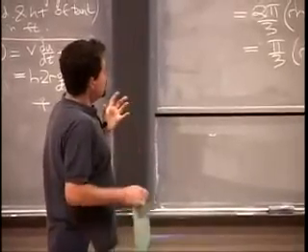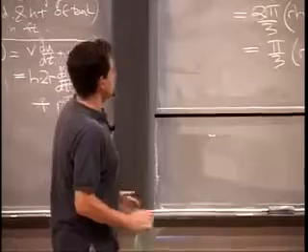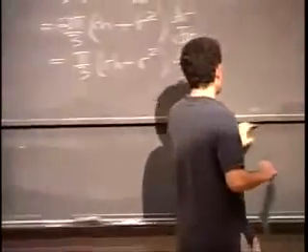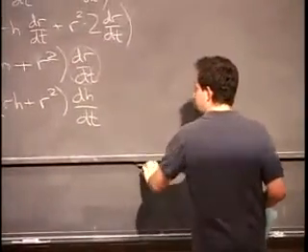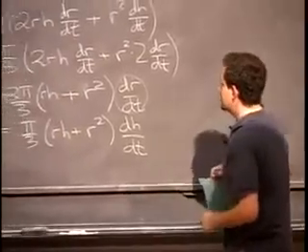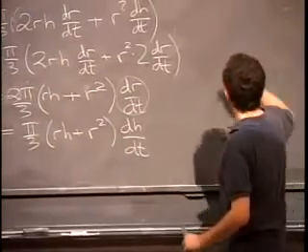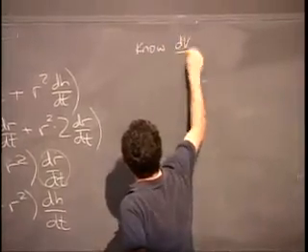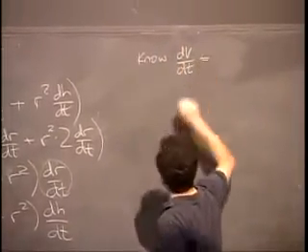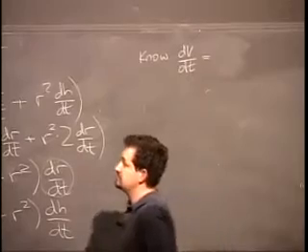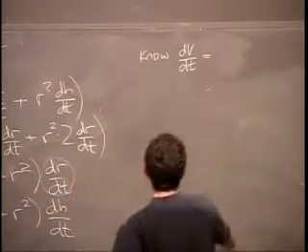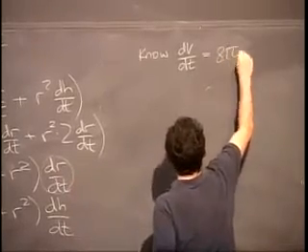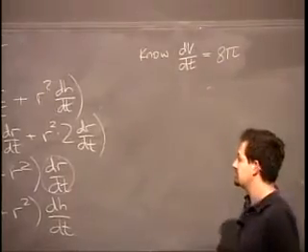Now, we are in good position to finish off the darn problem, at least the first part of the problem. So, what do we know? We know that dV dt, at least in part A, is equal to 8 pi, because there's 8 pi cubic feet of water coming into this tank.